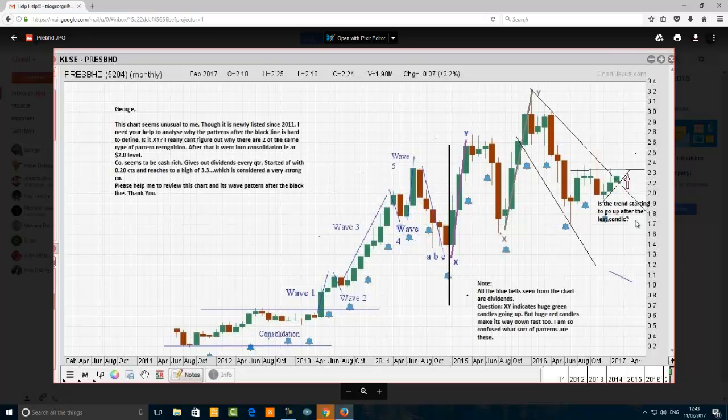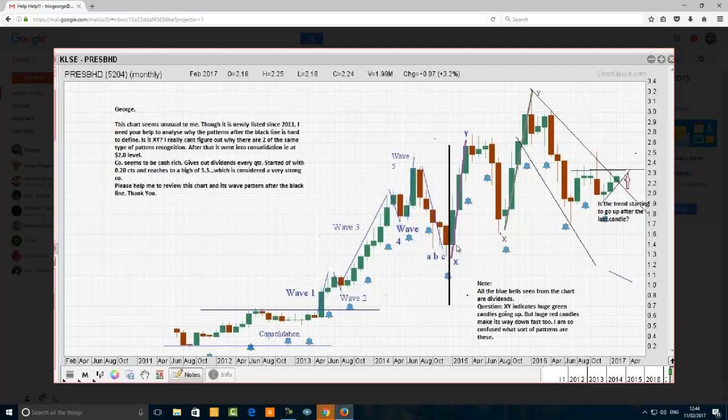Then we will see 1, 2, 3, 4, 5 down. But once again, if what we are expecting has taken place, we are just going one step at a time, because the stock went up for a while. Now the market was expecting a new cycle, but it's not happening yet.